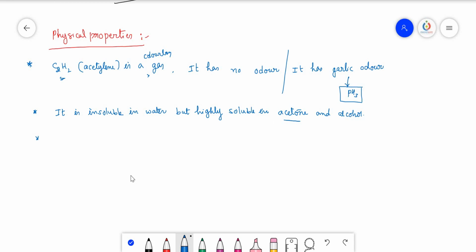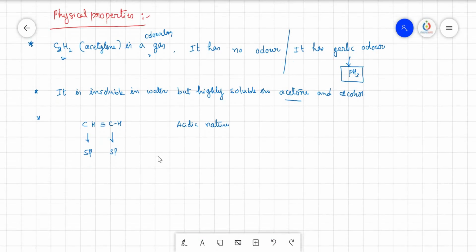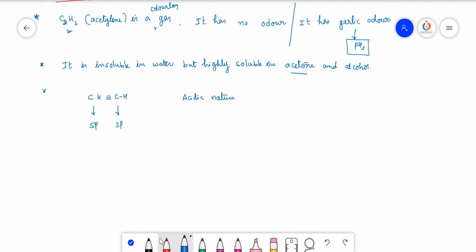And now let us see some other physical properties. Since in alkynes, each triple bonded carbon atom is undergoing sp hybridization, most of the alkynes have an acidic nature. And we must understand one more thing: do all alkynes have an acidic nature, or only a few?